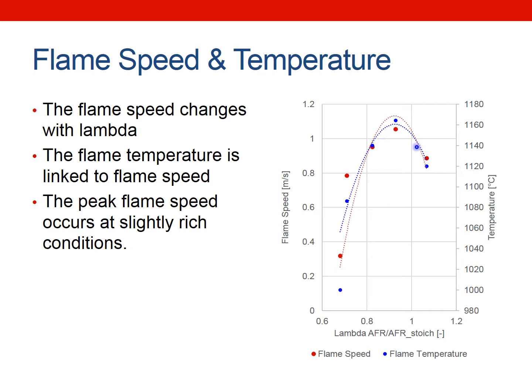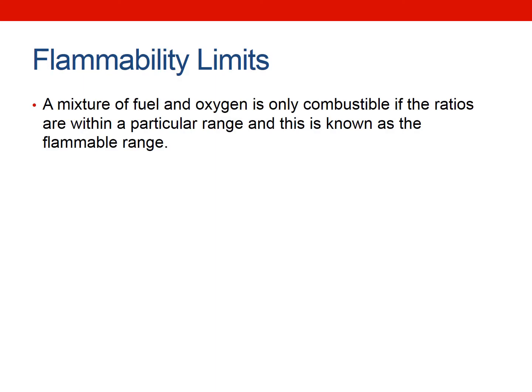And you also notice that this comes down. If you were to extrapolate this curve, you'd end up with zero velocity. Likewise on this side. So that suggests that there are mixture ratios where you're going to have zero flame speed and zero temperature. And that's correct, because that is the flammability limits.